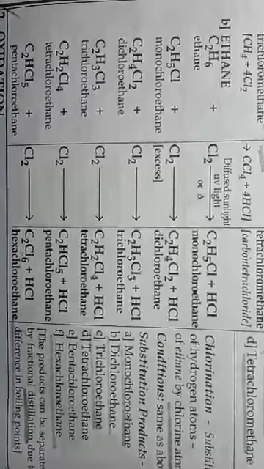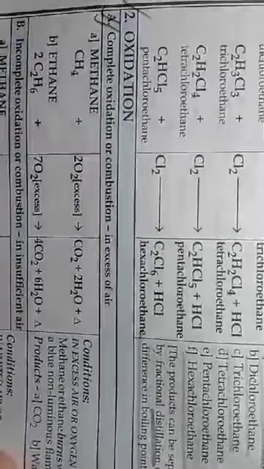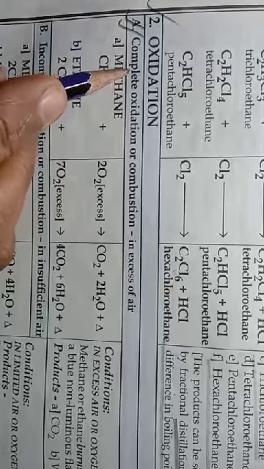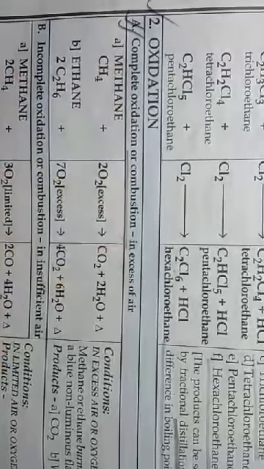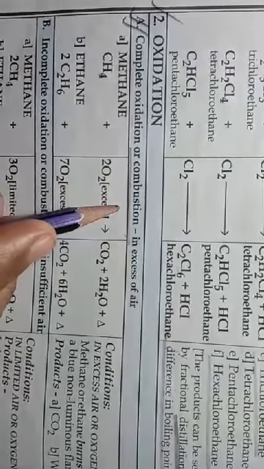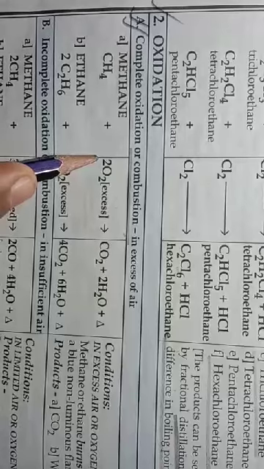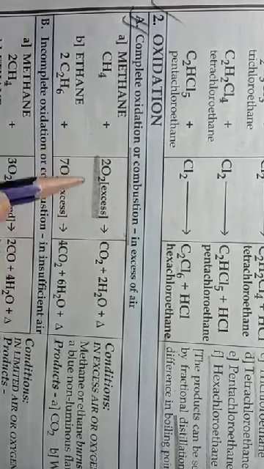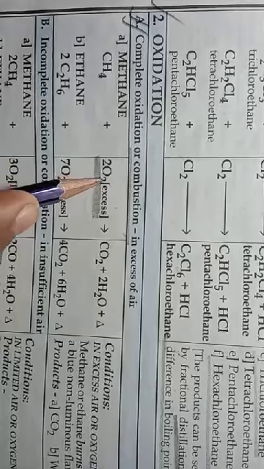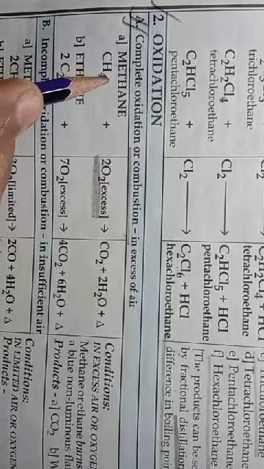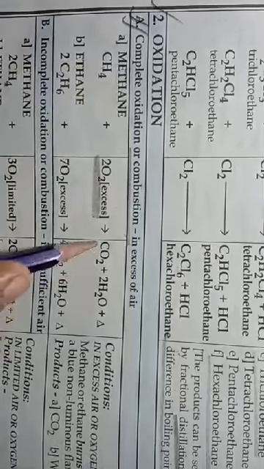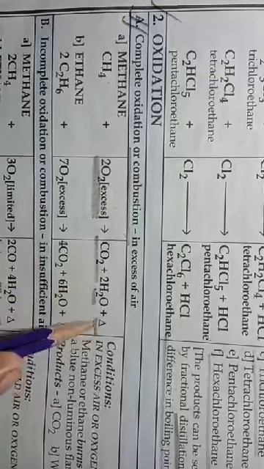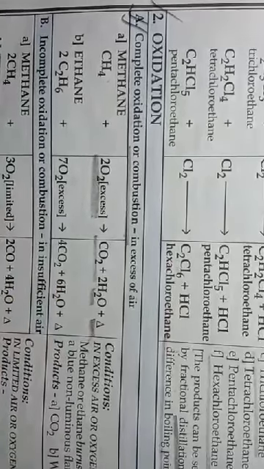Okay, students. The next chemical property is oxidation, in which we have complete oxidation or combustion. All organic compounds in excess oxygen gas or air, when combusted, form CO2 and H2O, and this combustion reaction is always exothermic in nature.